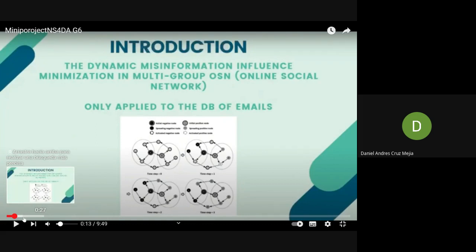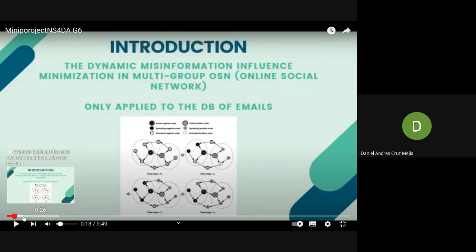It was about the spreading of misinformation through social networks, including not only direct contact between users, but also multiple groups like email chains or Facebook groups, or any other kind of group where people join and may not be connected to each other directly, but still get information and are affected through that medium.